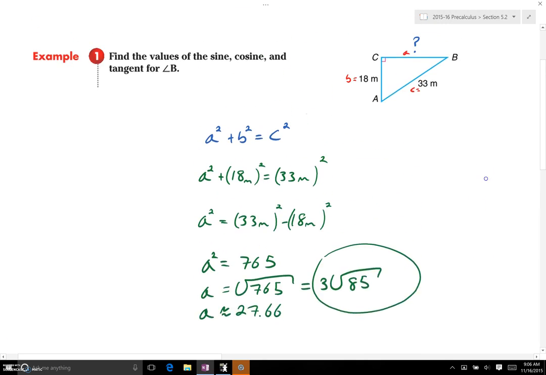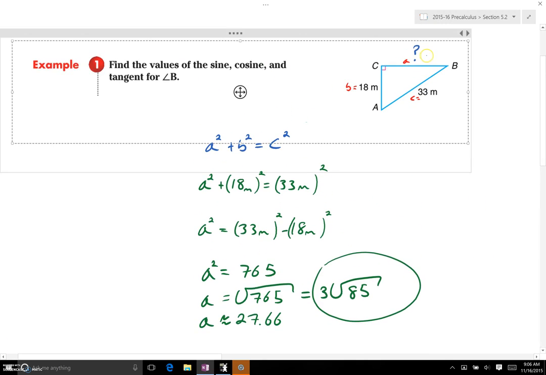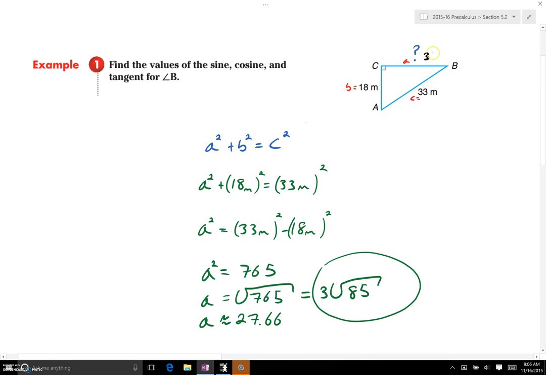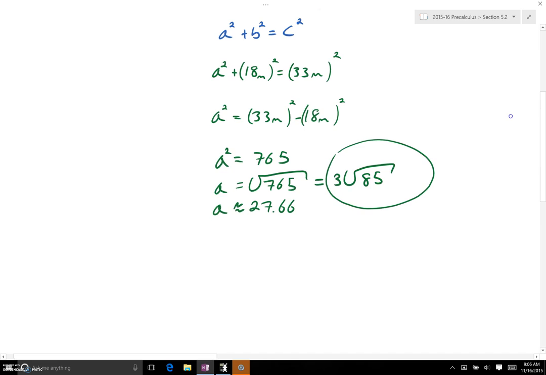Okay, so now that we know what the hypotenuse is, we're going to list the trig ratios.